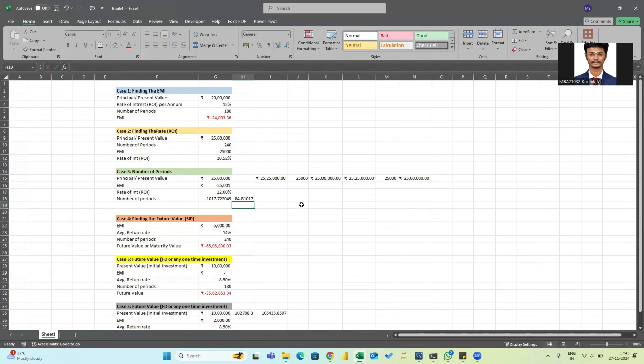If you're reducing just 1 rupee every month in your interest, then you have to pay for at least 84 years to cover the entire principal amount to be repaid. So let's make this 30,000. You need 180 months, which is 15 years. So that's all about this.